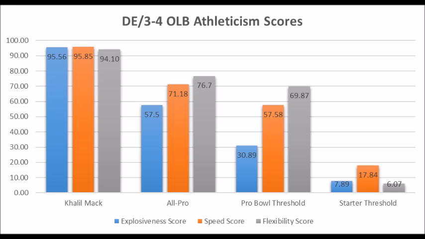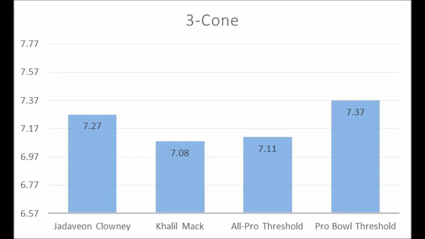And when you get to his three-cone, which is one of the bigger differences between Jadaveon Clowney and Khalil Mack, Mack had a 7.08 three-cone, which is well within the All-Pro threshold of 7.11 or less, and of course blows the Pro Bowl threshold of 7.37 or less out of the water. So from an athletic standpoint, Khalil Mack had All-Pro potential based on his athleticism traits, while Jadaveon Clowney did not.